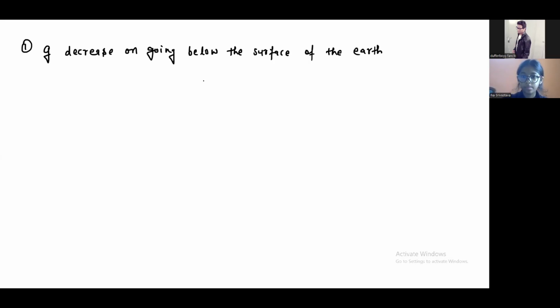Why? Because g dash is directly proportional to R minus d. So when d increases, g dash decreases.